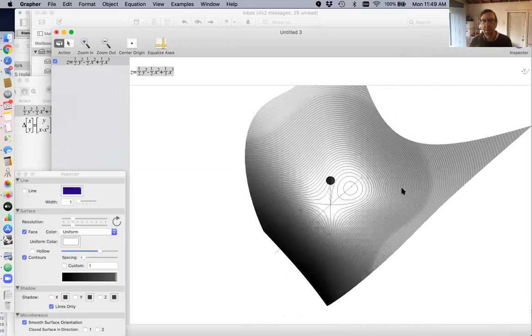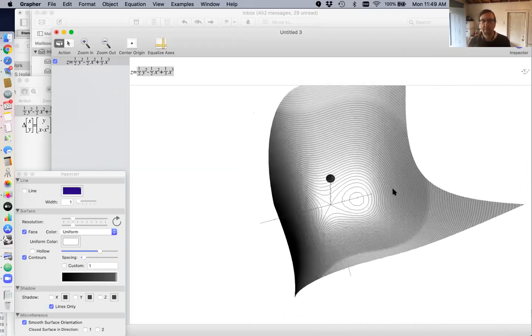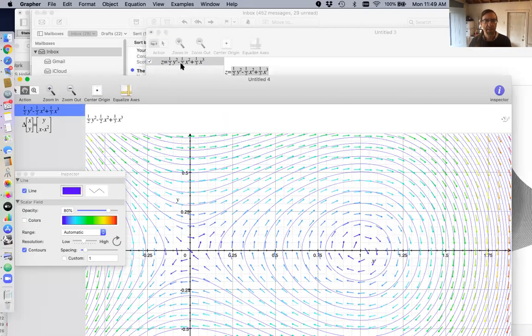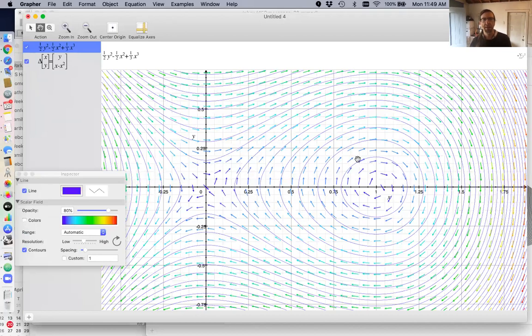All those contours should remind you a lot of this 2-dimensional picture. They're the same contours, just a different view. Now the black lines in this picture, actually it looks like they're blue, the blue lines in this picture are again the contours of the same function, but we're just doing a 2D plot of it instead of a 3D plot in perspective. And the original differential equation we're seeing as arrows.